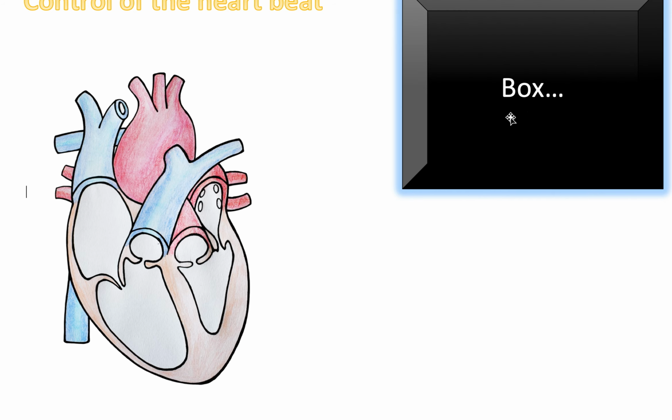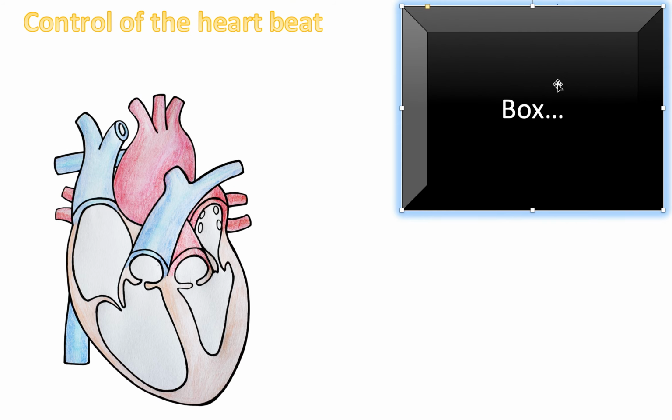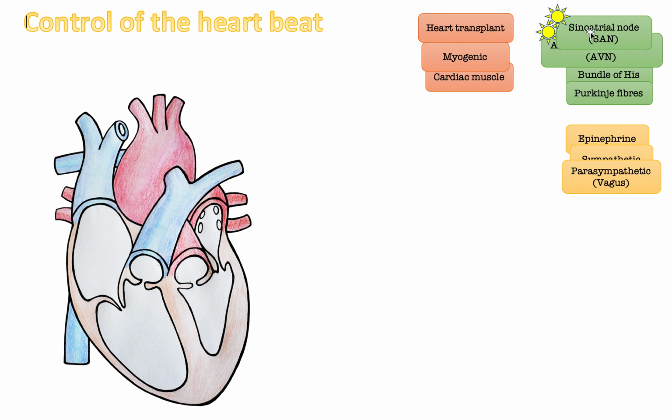Real quick, here's a box. In this box, there are a lot of keywords, which I will explain. If you can nail and understand all these keywords by the end of this video, then you understand everything you need to know about control of the heartbeat, how the heart works, how the heart is controlled. The orange words here will be general concept terms, which I'll get to.